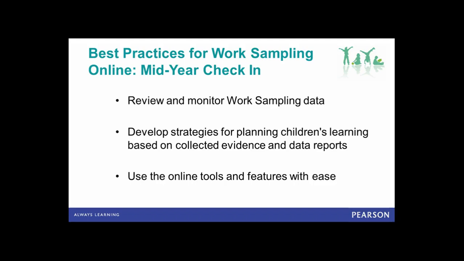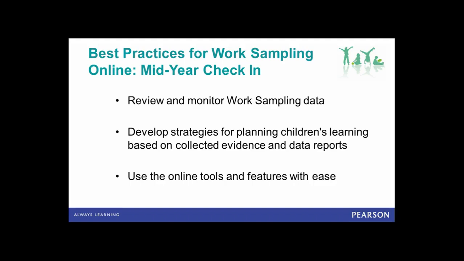A lot of our emphasis in work sampling is sort of getting to the end of the collection period and inputting information, but as you might remember from earlier training or even some of our conversations together, there's lots of really wonderful things we can be doing along the way to use all the information that's being gathered or collected, such as observation notes, photos, work samples, to help guide children's learning, to continue the process of goal setting, to think about developmentally appropriate practices and how we can really individualize the learning experience for children.